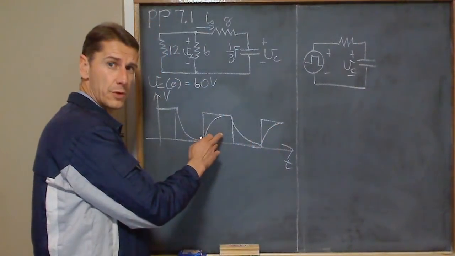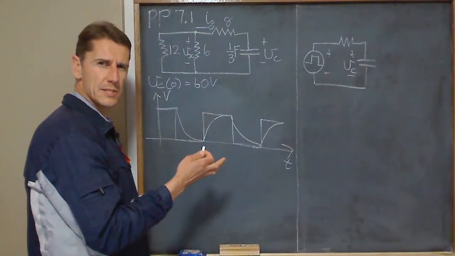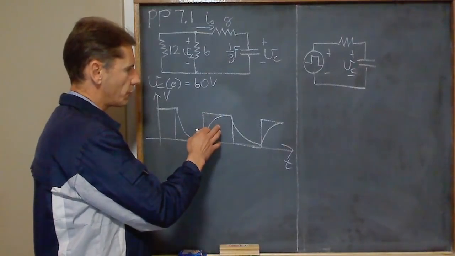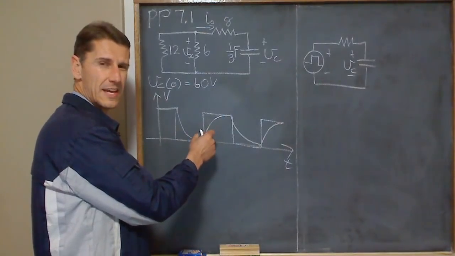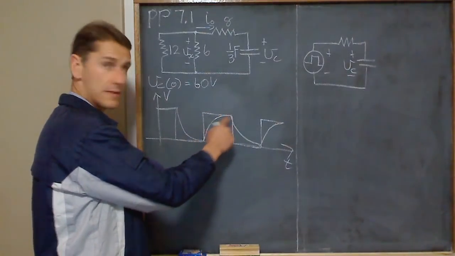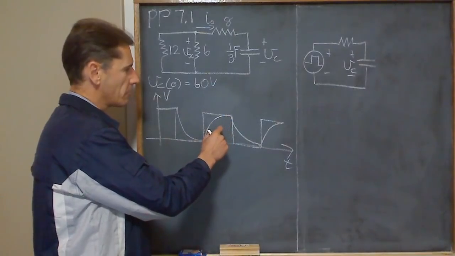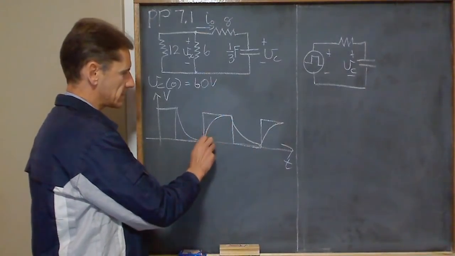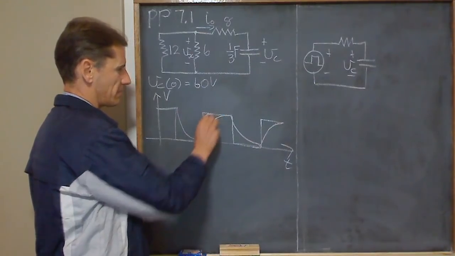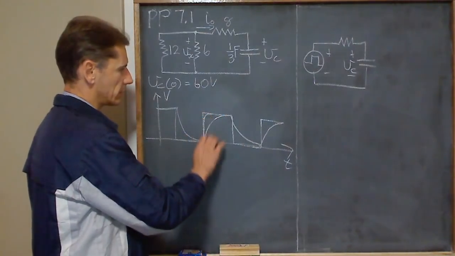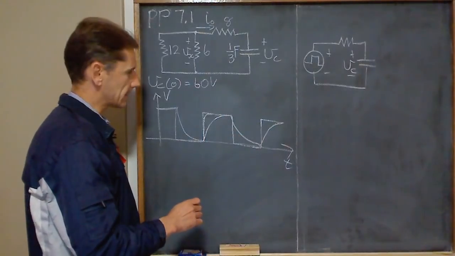Now if you make this frequency too high, you're not going to see this, so you need to make sure your frequency is low enough so that you can see that transient response nicely, but not too low. You don't want something that looks like this. Then you can't measure anything.